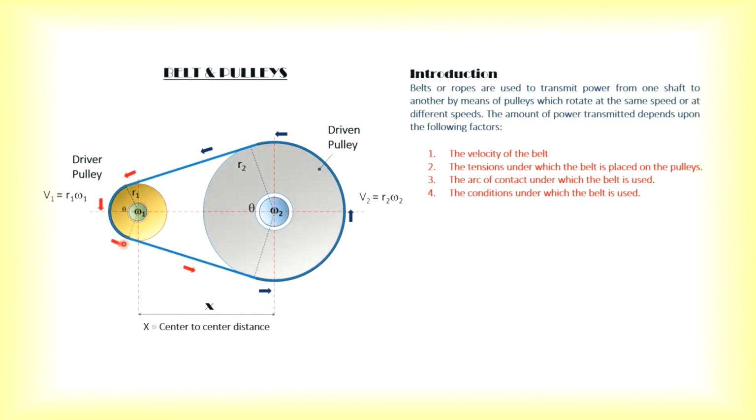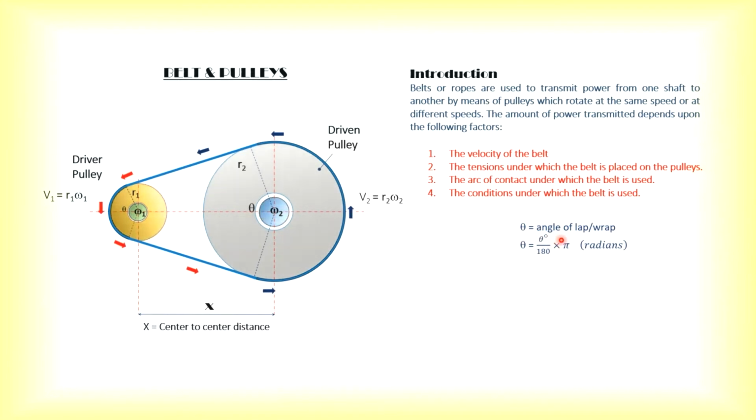It will exert a pull at the lower side of the assembly, which causes tightness at the bottom and delivers the belt to the upper side, which we call the slack side. So it depends on the direction of rotation of the smaller pulley.